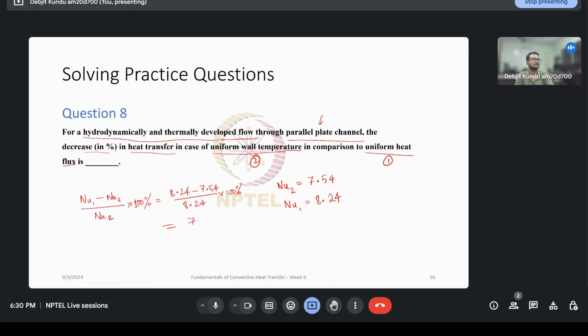So this boils down to 70 by 8.24. I'm assuming a number close to 9. Let's take a look. So 70 divided by 8.24. Yeah, somewhat 8.5%. That would be the answer.